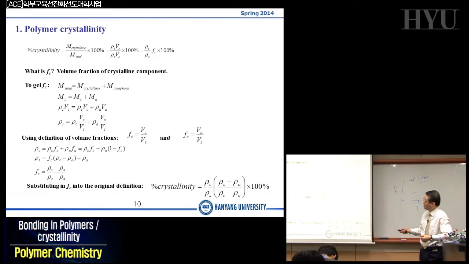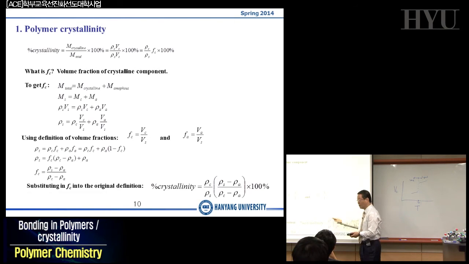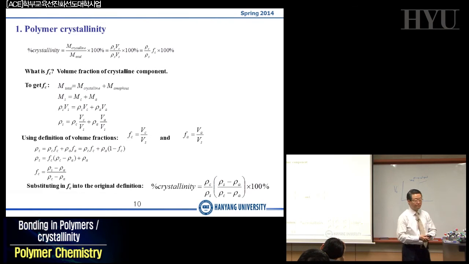If you replace this f_C in here, I think you can come up with the final equation. In this final equation, if you know the density of your crystalline portion and amorphous portion, and you measure the density of your specimen, then you can calculate the percent crystallinity.